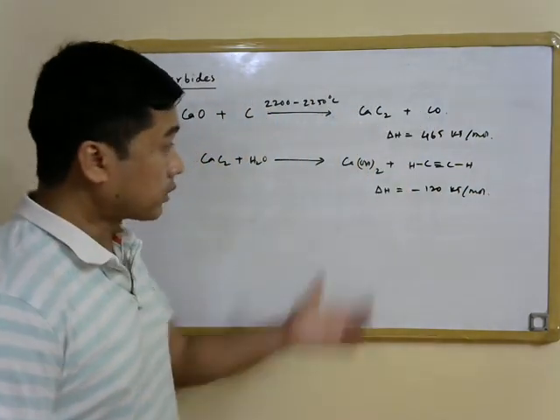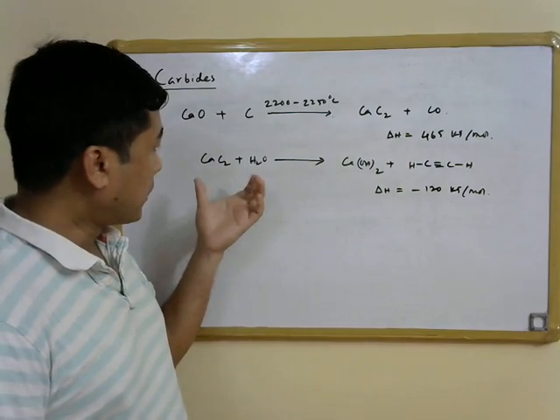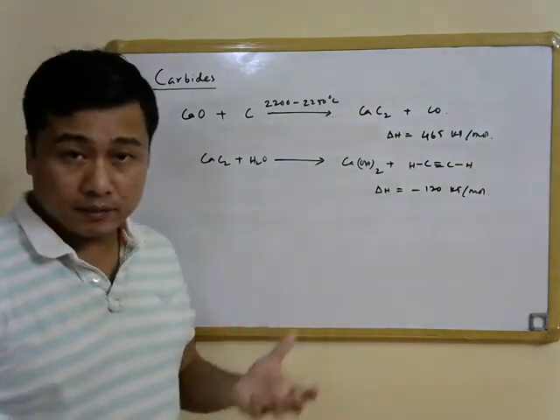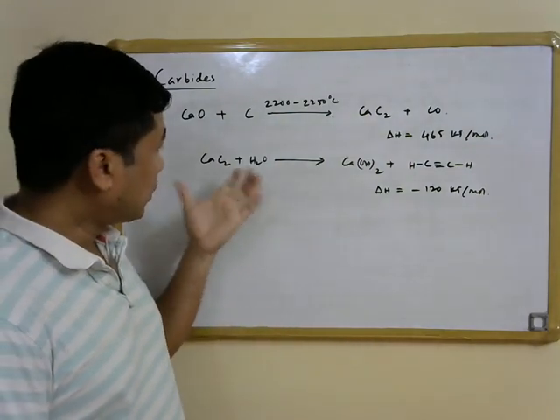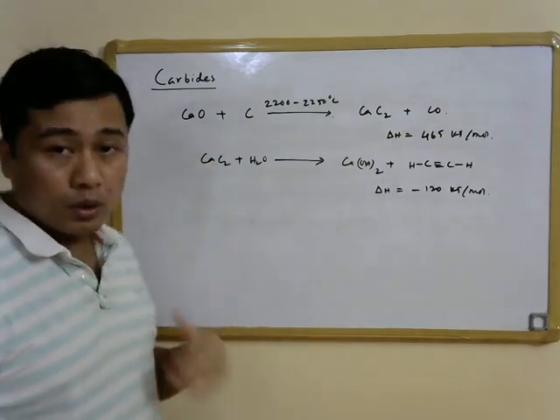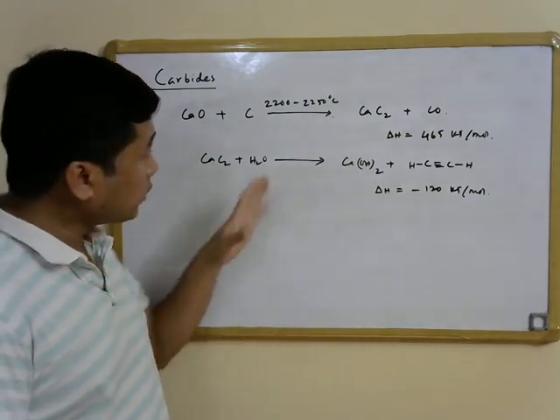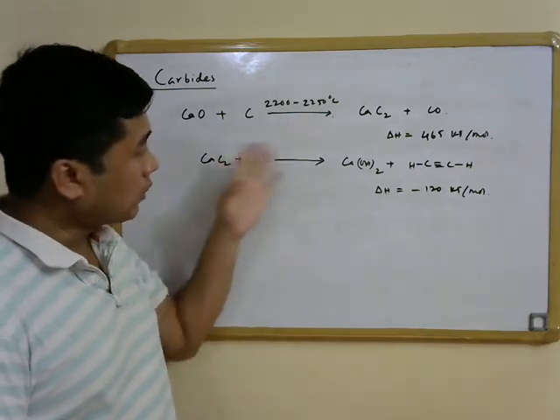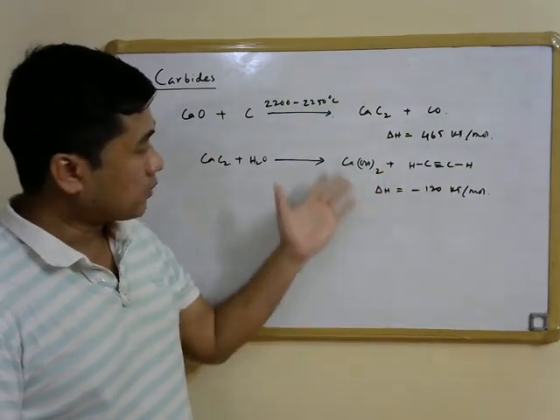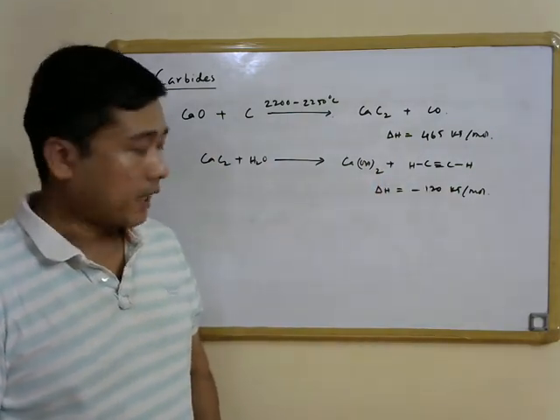So the reaction is exothermic here, and during preparation of calcium carbide, one must control the reaction in such a way that one must not expose the calcium carbide to water, or otherwise it will get converted into acetylene.